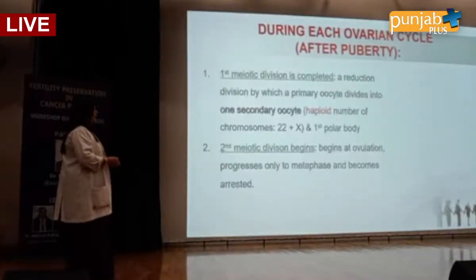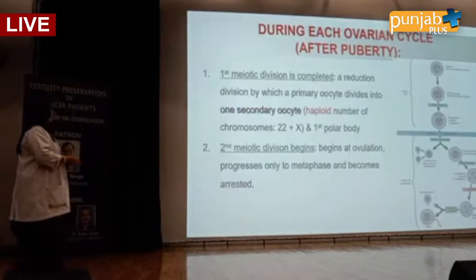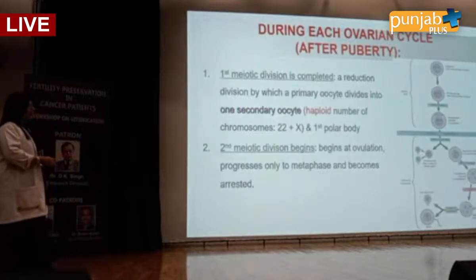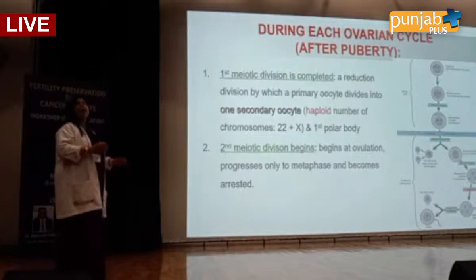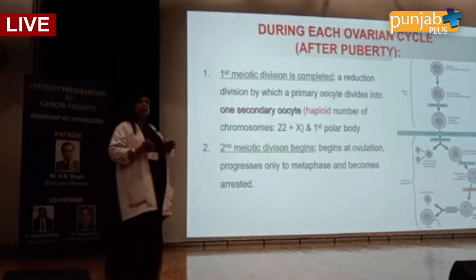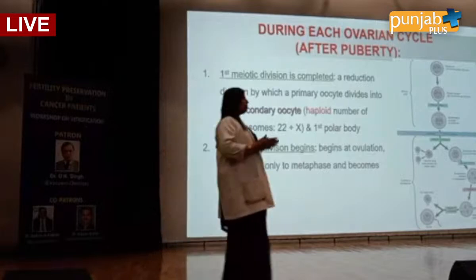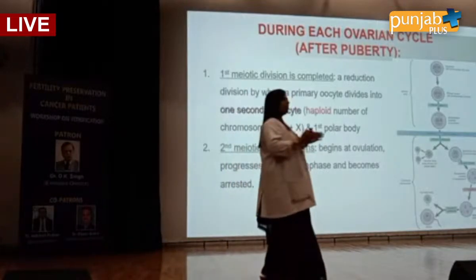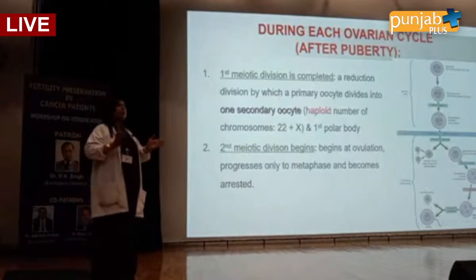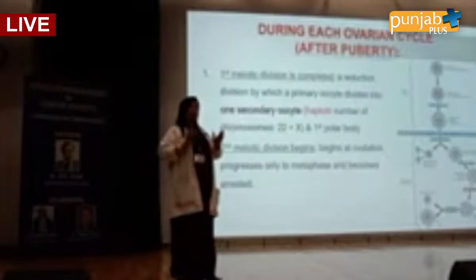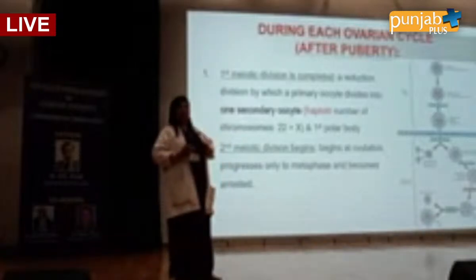at prophase. After puberty, that first meiotic division completes just before ovulation. This division completes, and there is the formation of the secondary oocyte. From the primary oocyte there is the formation of one secondary oocyte and one polar body, not two secondary oocytes, because most of the cytoplasm moves to one daughter cell.